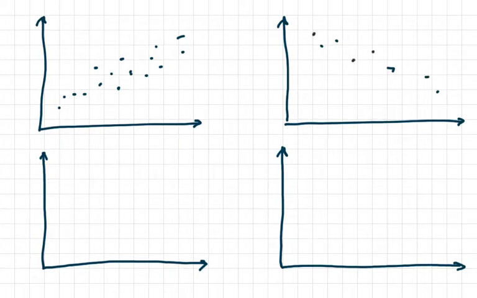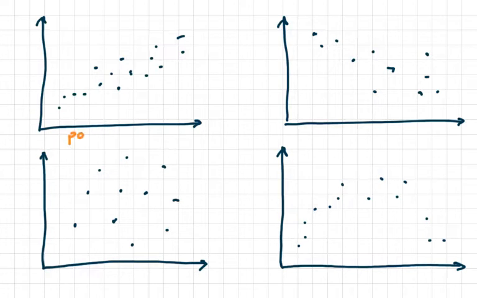So here, there is not necessarily any data behind these. These are just hypothetical examples. So here are 4 hypothetical basic types of scatter plots.